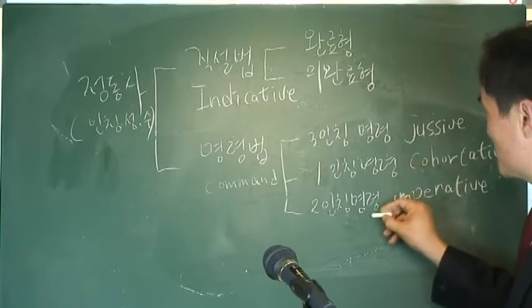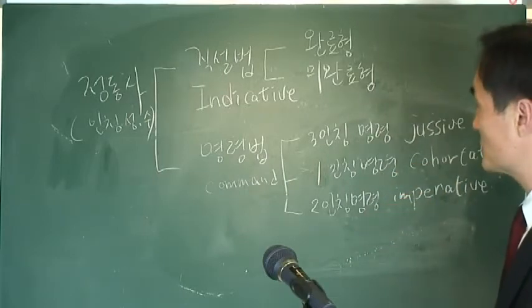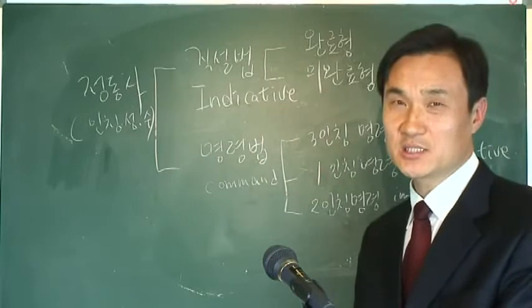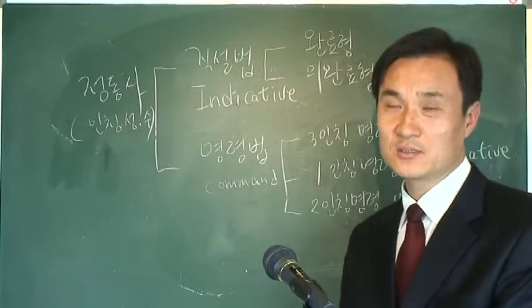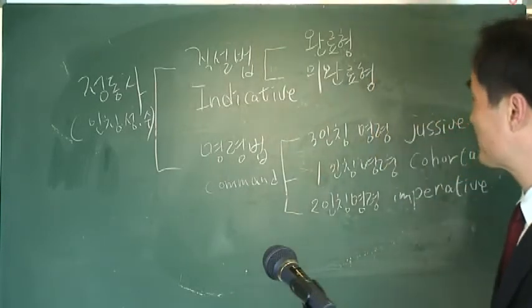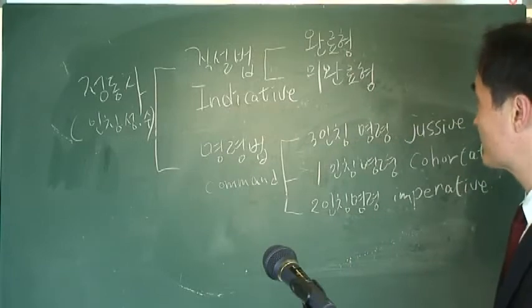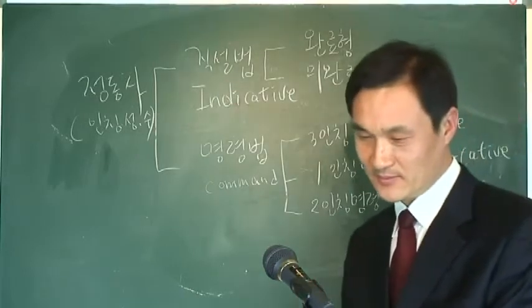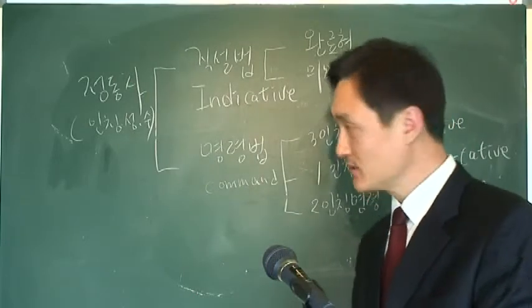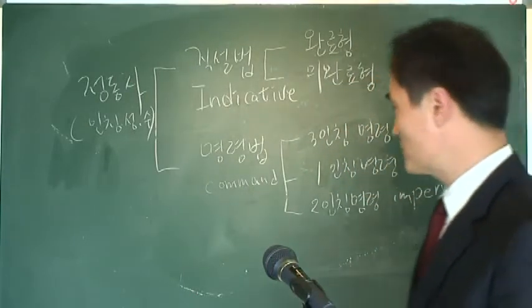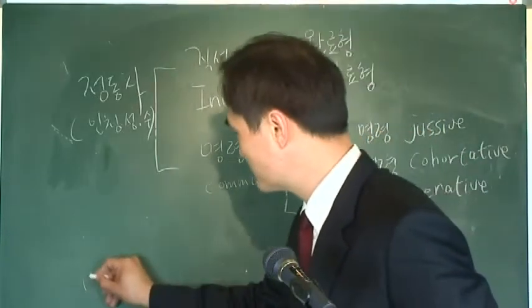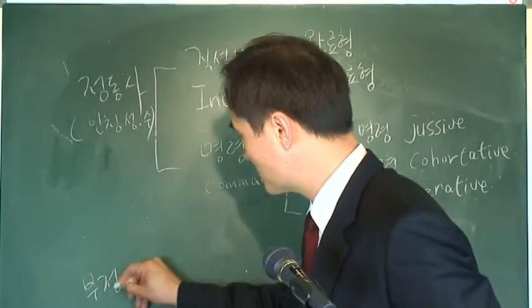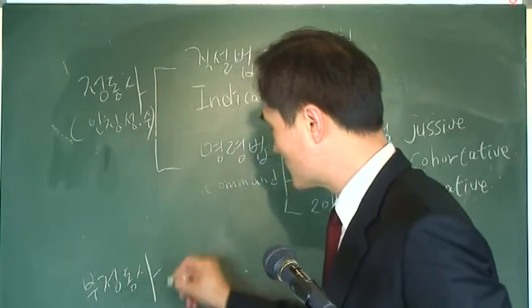Hebrew verbs that are of the perfect form, the imperfect form, the third person imperative, the first person imperative, and the second person imperative all have a person, gender, and number. On the contrary, there are non-finite verbs.